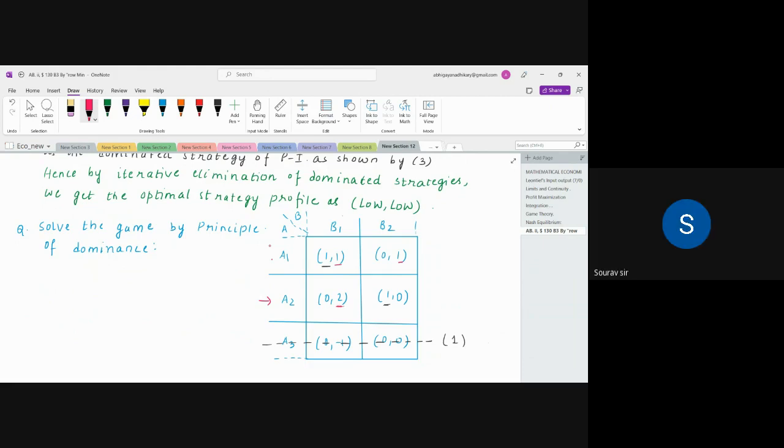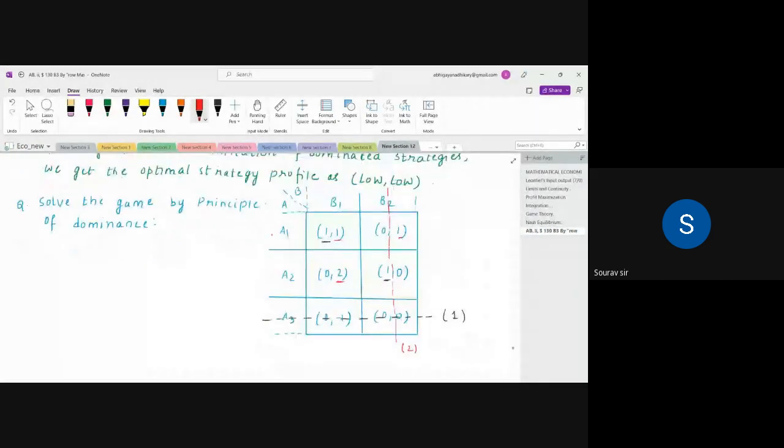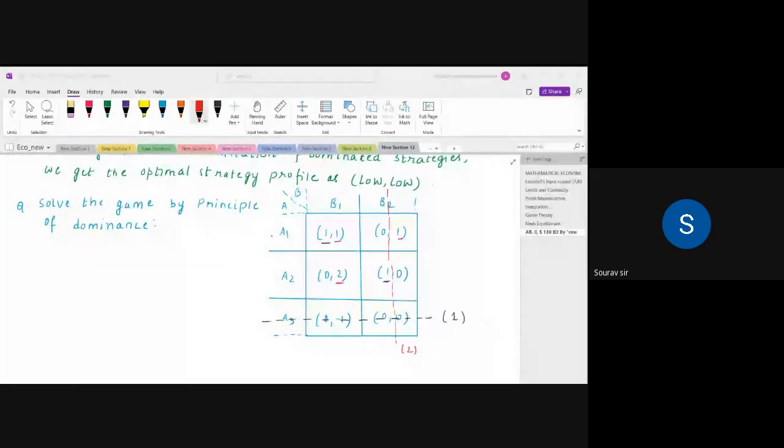So over here, since player 1 choosing A1, he's indifferent. So if he chooses B1, then this might become the dominated strategy, right? Possibly, because we are indifferent, so it might be possible. So what we'll do is, after eliminating, we will see whether we are getting to the optimal or not. If yes, then this elimination makes sense. Otherwise not. Okay.